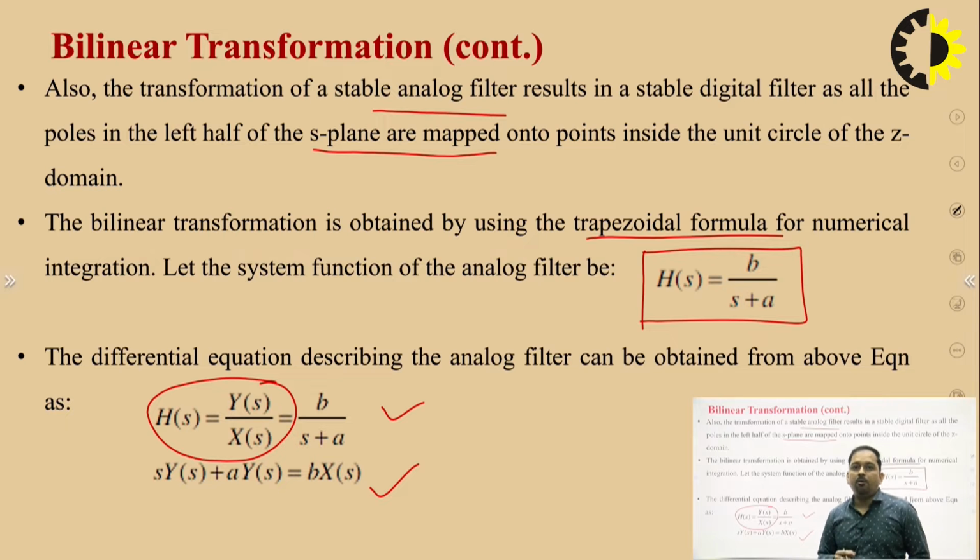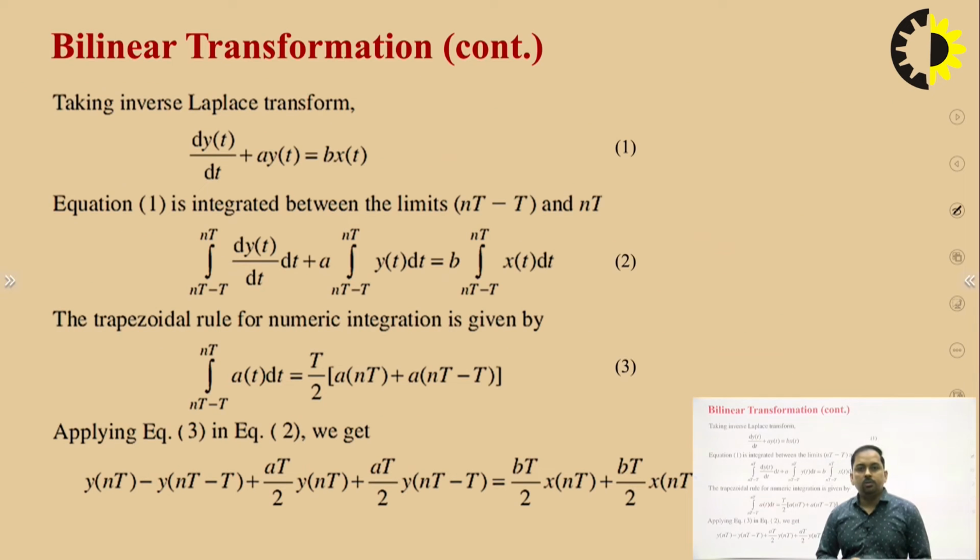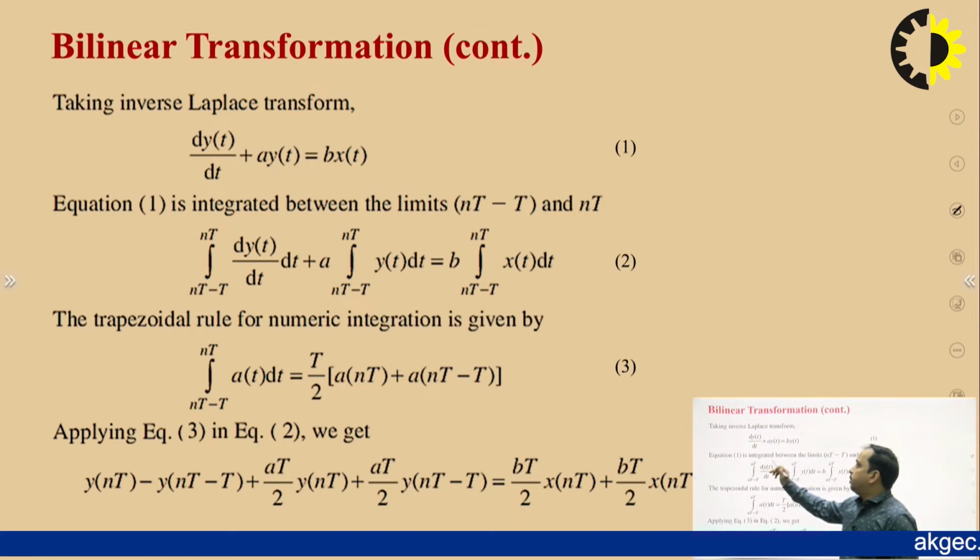With the help of the inverse Laplace transform, we can express this as a differential equation: dy/dt plus A times y(t) equals B times x(t). This is equation number 1.